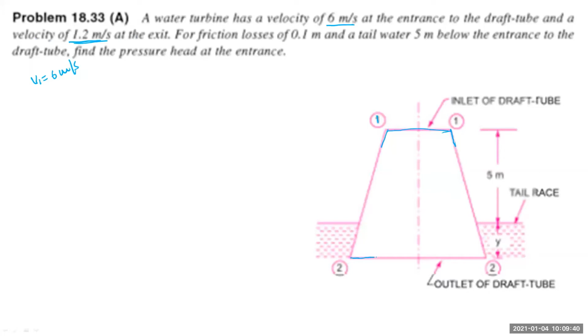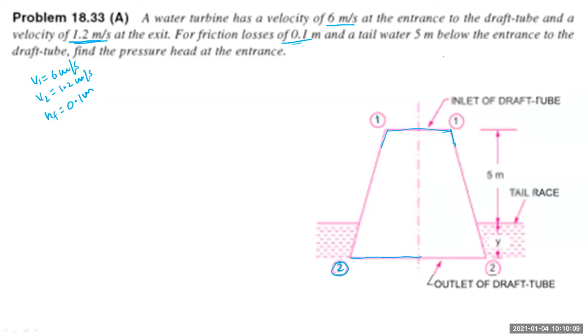Exit means at this location. This is your section 1. This is your section number 2. So velocity V2 is also given, 1.2 meter per second. For frictional losses of 0.1 meter, frictional losses meaning HF is given, 0.1 meter, and tail water 5 meter below.